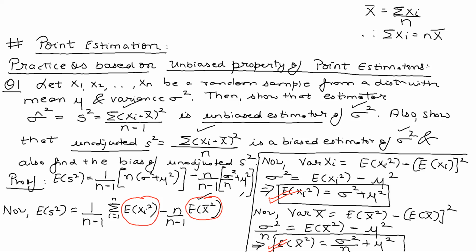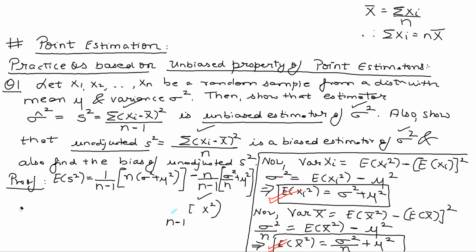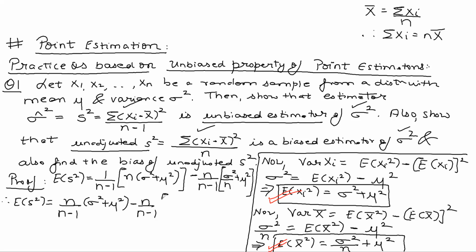Okay, then moving forward, so I'm erasing this off. So I can write, therefore expected value of s square is n upon n minus 1 into sigma square plus mu square, minus n upon n minus 1 into, I can take n as the LCM, sigma square plus n mu square.